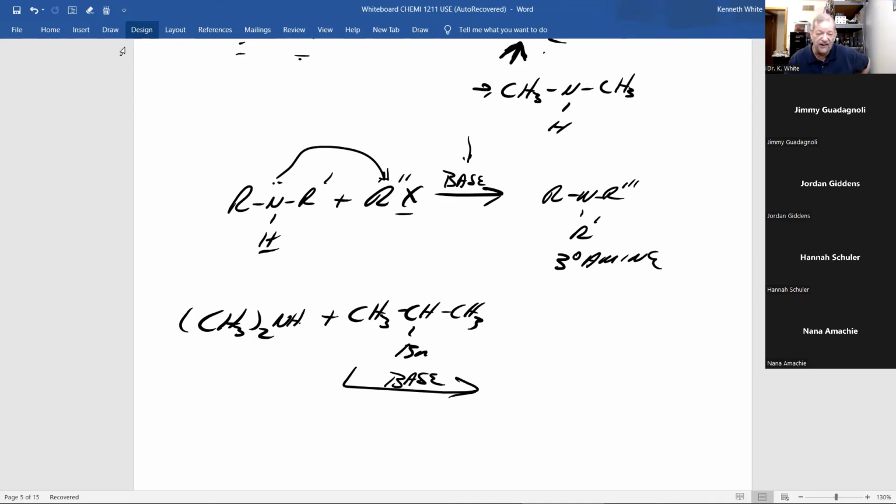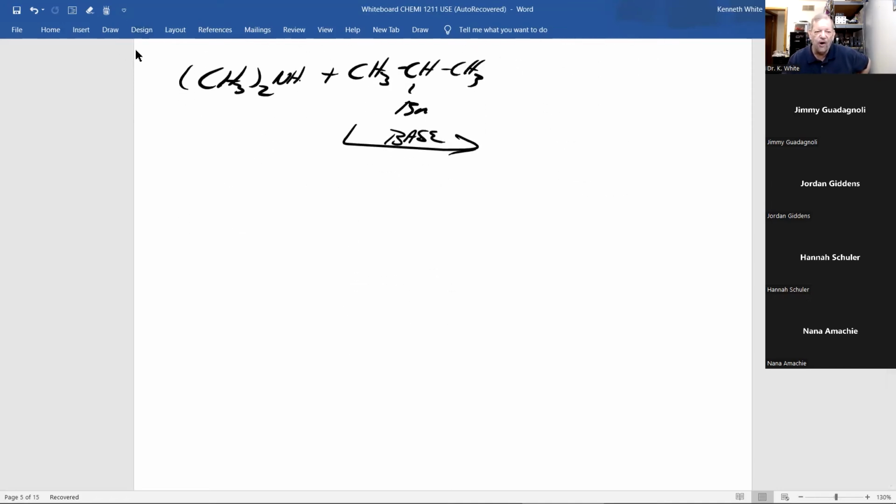Well, let's identify what we have. This (CH3)2 in a bracket with N, that's a secondary amine. It just so happens methyl is R and R prime. Carbon, carbon, halogen on a carbon, alkyl halide.